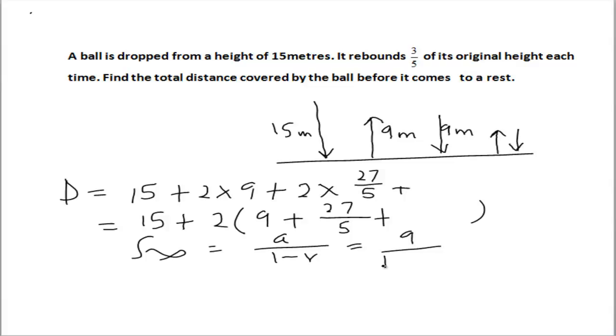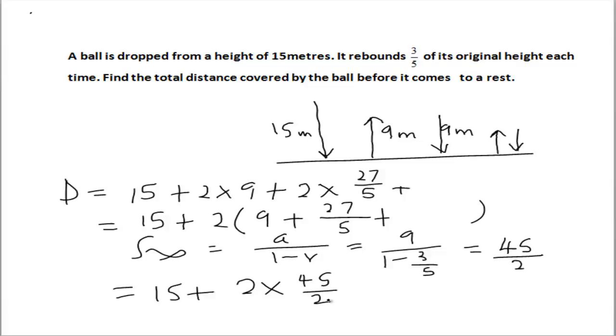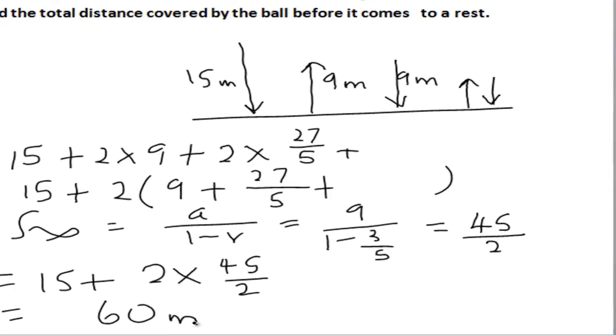So 9 over 1 minus 3/5 is 9 divided by 2/5, and that gives you 45 over 2. Then the total distance is 15 plus 2 times 45 divided by 2, and that gives us 60 meters as the total distance.